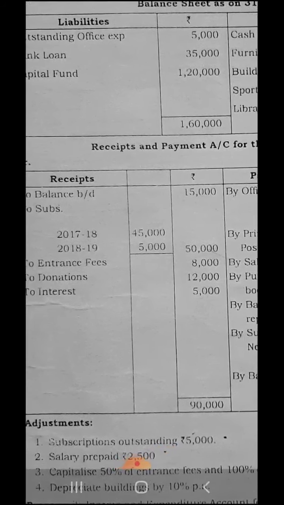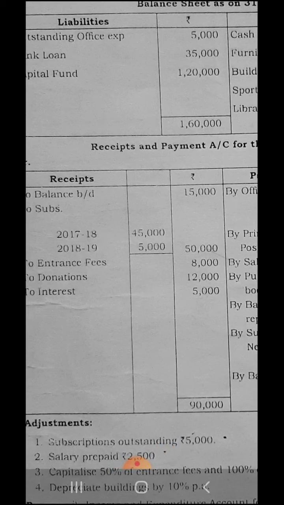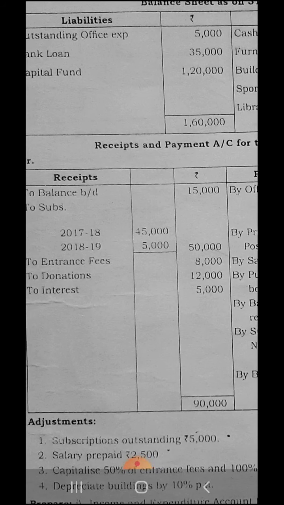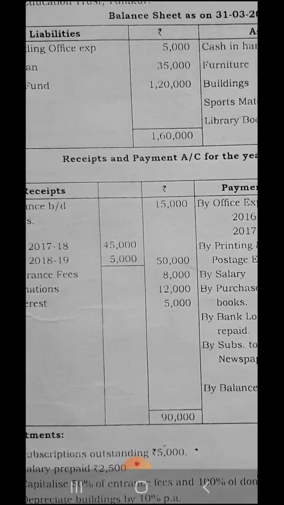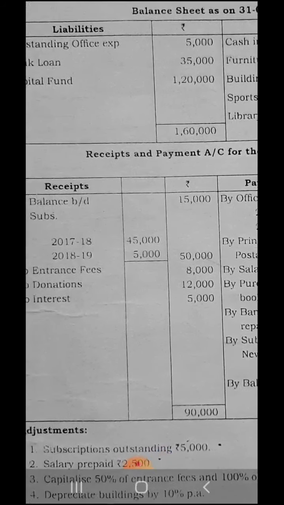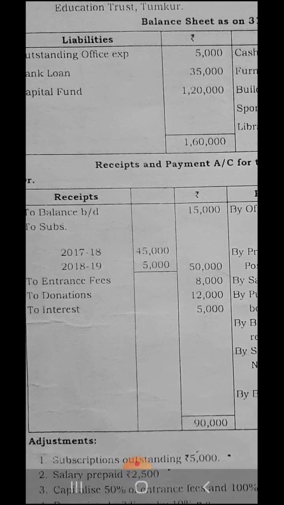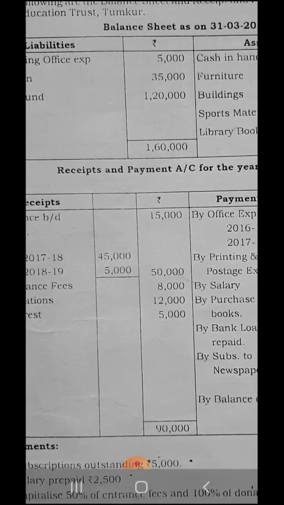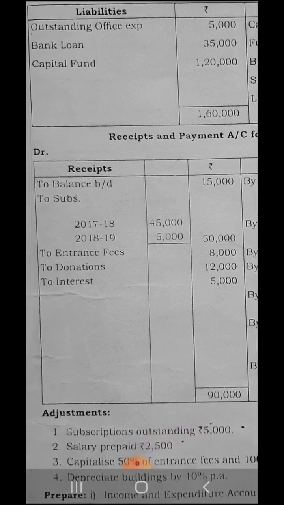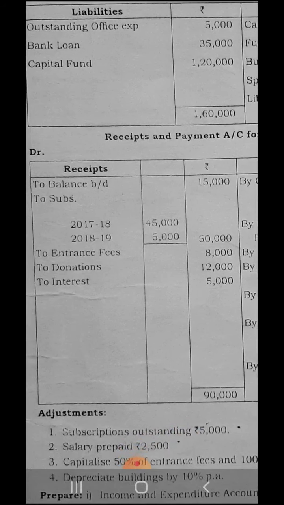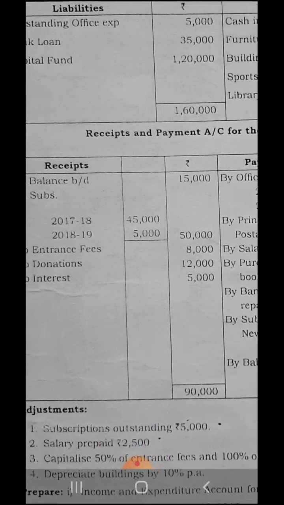So total receipt is 50,000. Out of that, 5,000 is related to next year, which we will not consider because we are going to consider only this year's subscription of 45,000. If we take 50,000, we have to deduct this 5,000 in the income and expenditure account. Instead, if the amount for the year is given directly, then we take 45,000, and there is no need to deduct anything. Clear? Entrance fees are given 8,000, then donations 12,000.